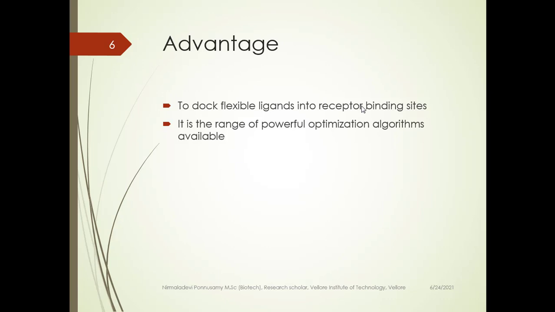While the ligand changes conformation to bind to the protein, it should bind on the particular focus, and they will interact with each other. It also offers a range of powerful optimization algorithms, mainly the genetic algorithm GA, SA and also LGA.